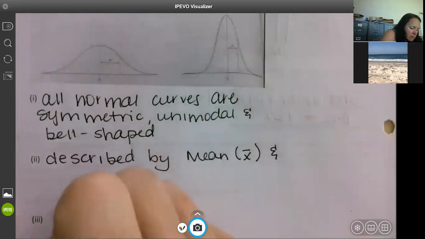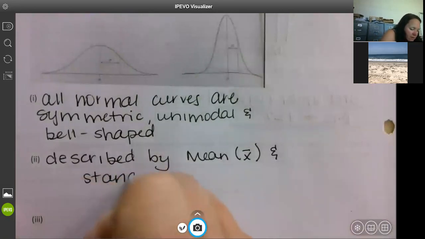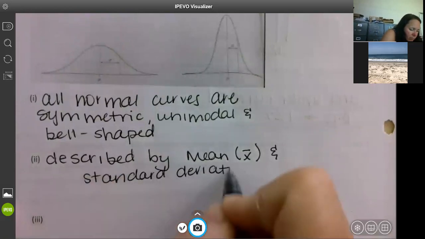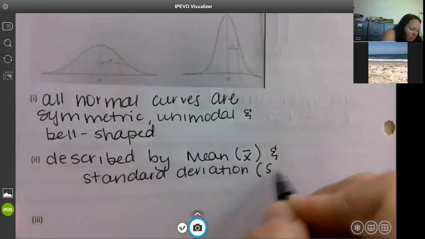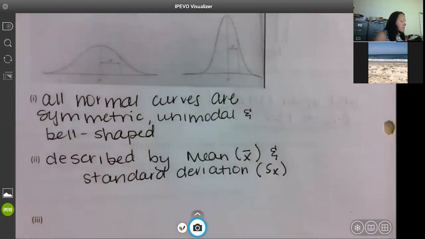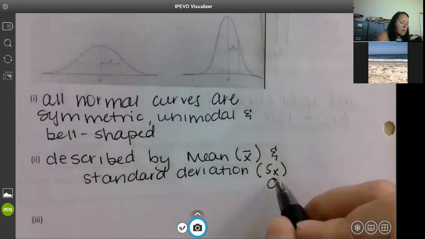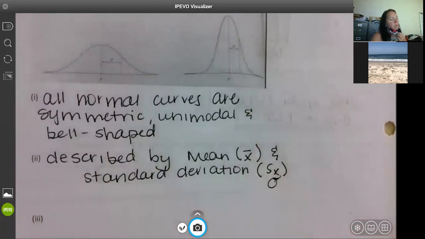Perfect. And standard deviation, which is S sub X, or it could be sigma if it's population, but most of ours are going to be sample until we get further in.